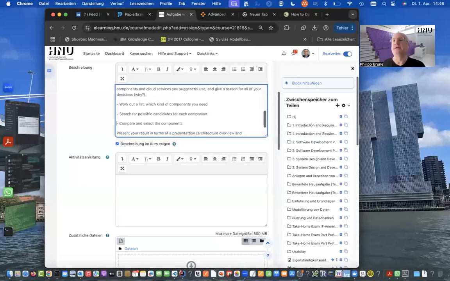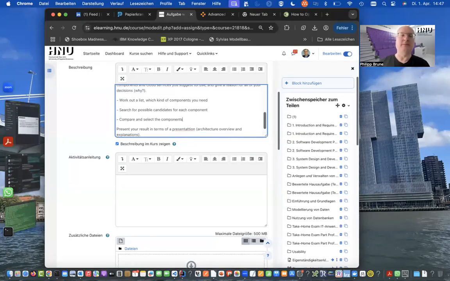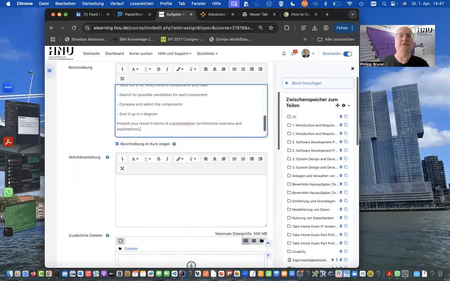You first of all determine what you need, then you find out what your choices are, what you can use in principle, and then you have to compare and select according to the requirements, and then sum it up in a diagram, an architectural diagram, and in your presentation. Yeah?